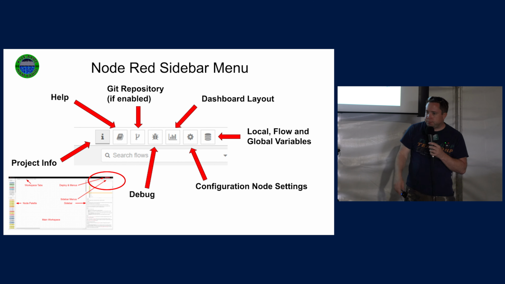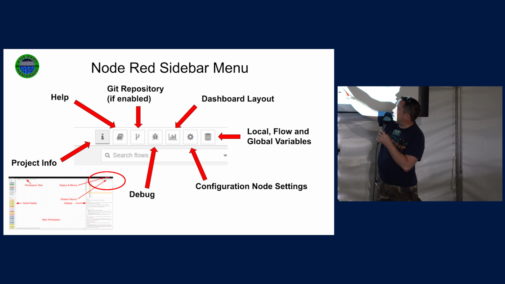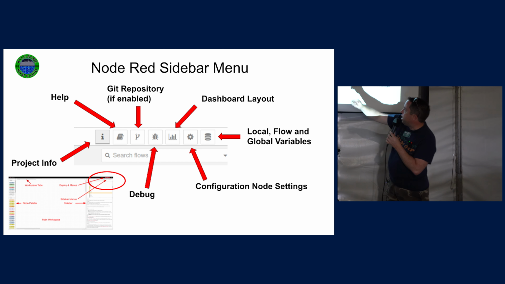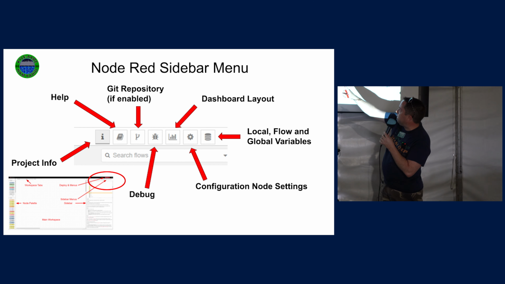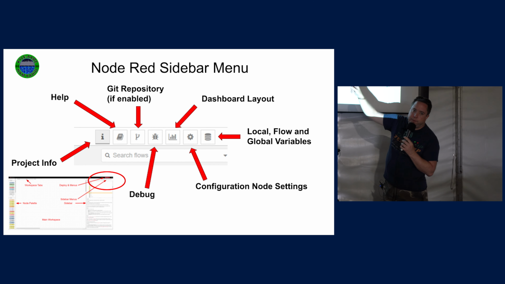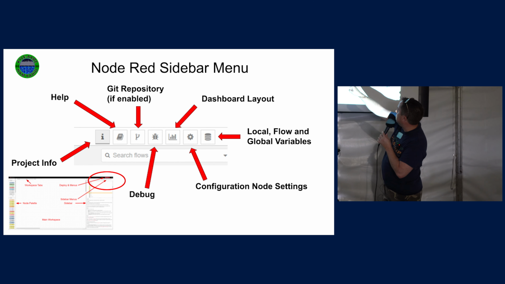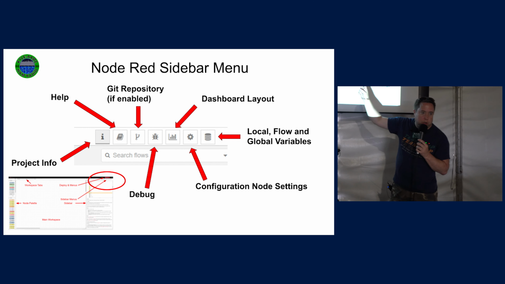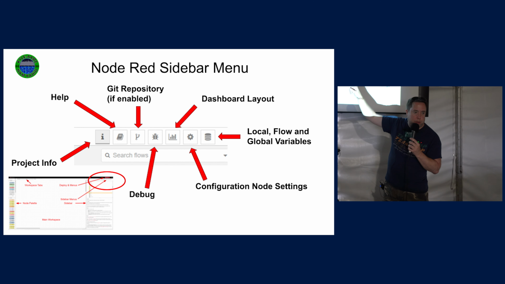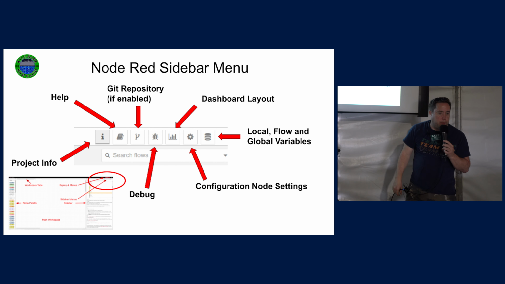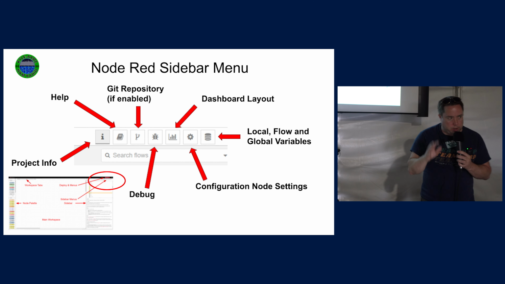I'm going to show you that. So you configure your dashboard in this dashboard sidebar, and then here are some settings, and then for you advanced programmers, if you've got local, flow, or global variables, that's where you take a look at your global variables. That's an advanced topic. We're not going to get into that.